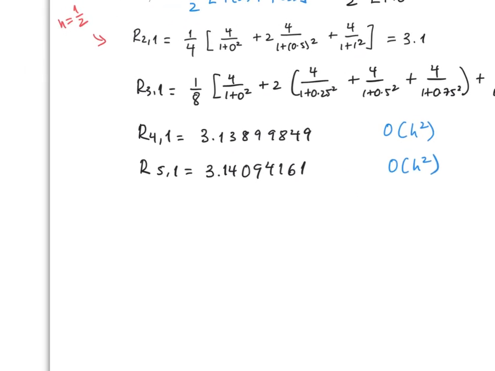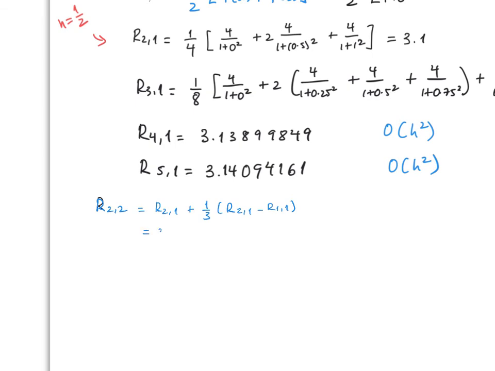So for that, we need to find now R22. Remember that this is equal to R21 plus 1/3. So you just have to follow the formulas we just found in the previous page. R21 minus R11.